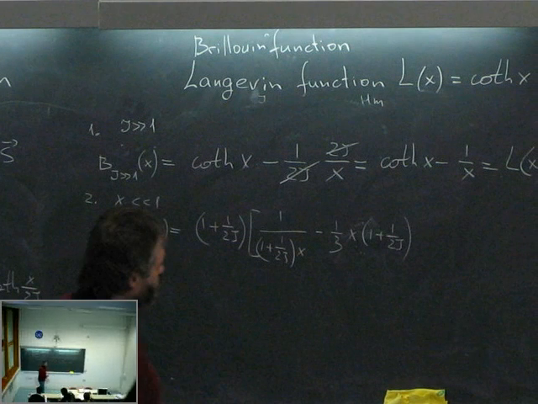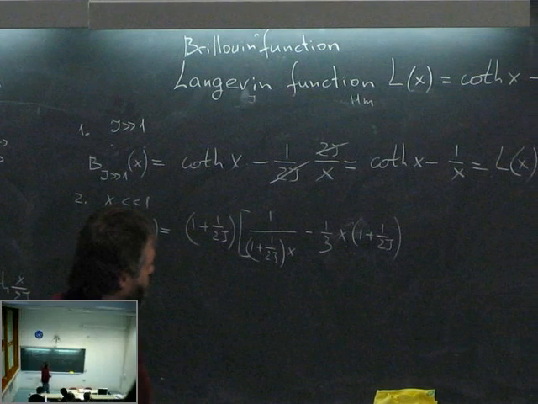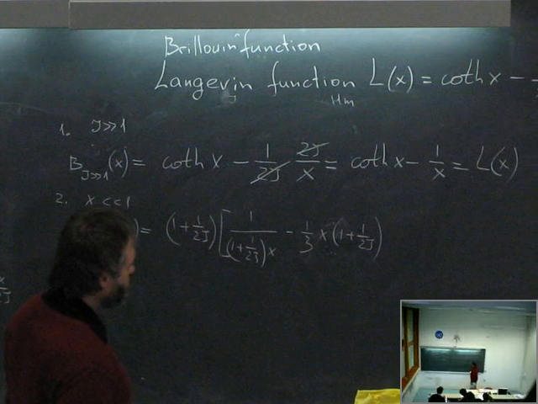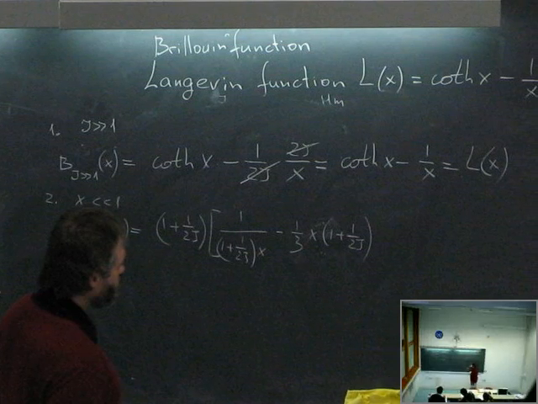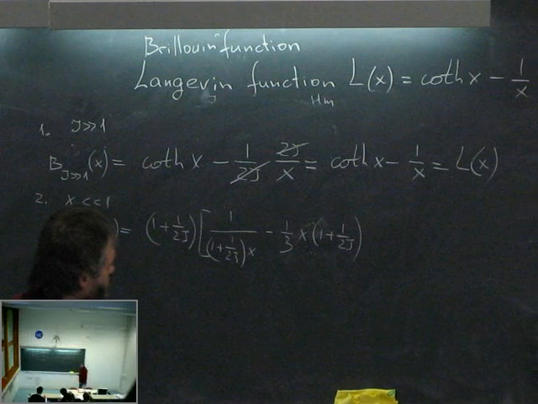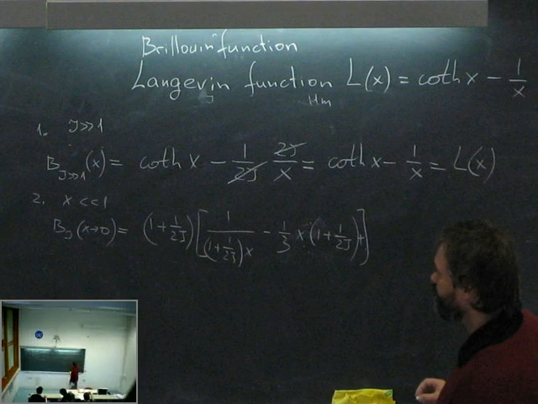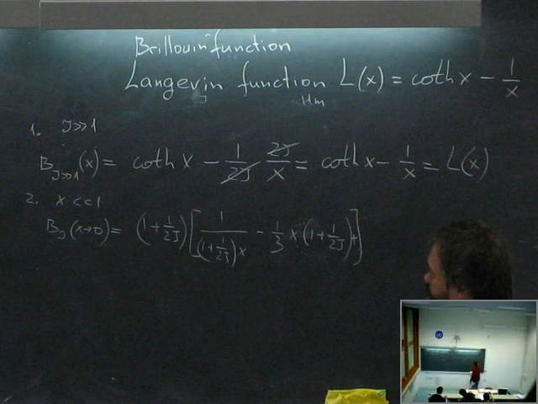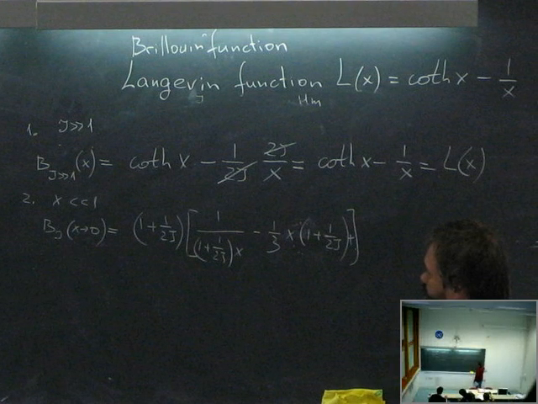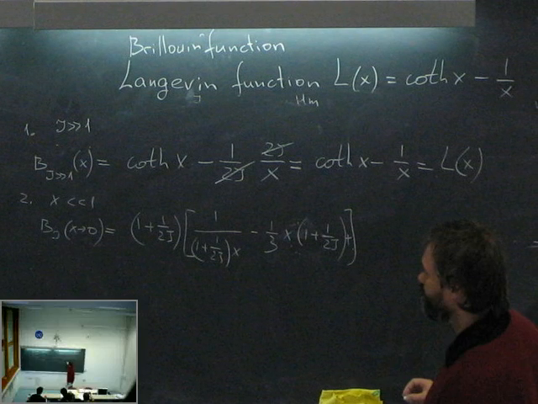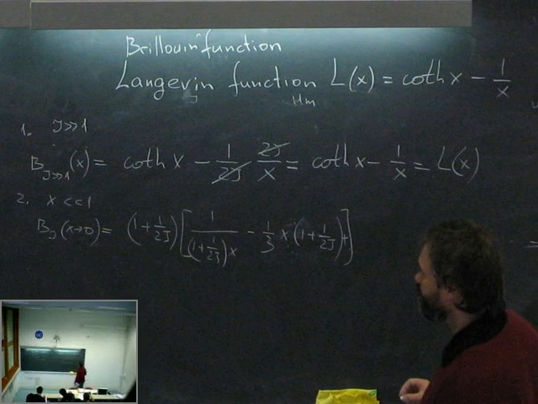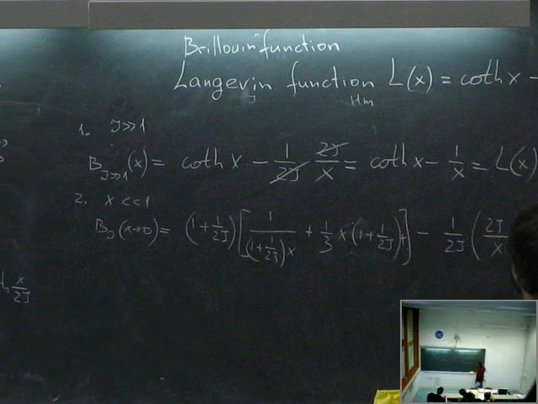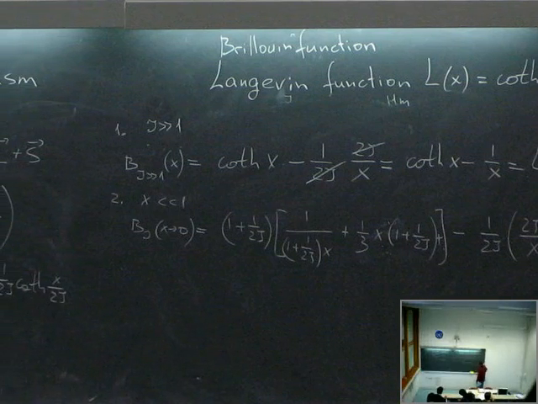I will keep only the first terms. It's sufficient. So this is the expansion of the first coth. Of course, there are some other terms. For the second one, it's minus 1 over 2j, and here it's 2j over x plus, of course, 1/3 x over 2j, plus, and so on and so forth.